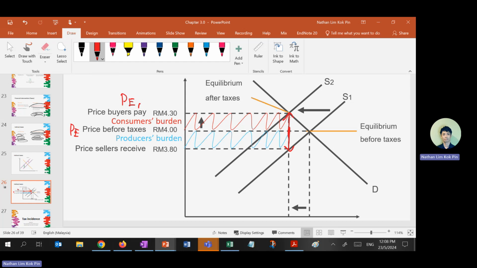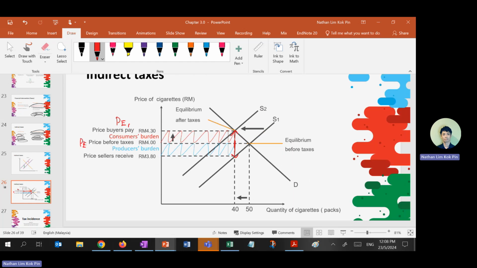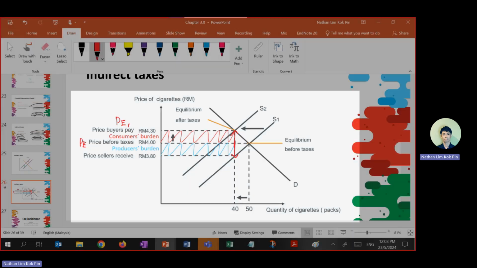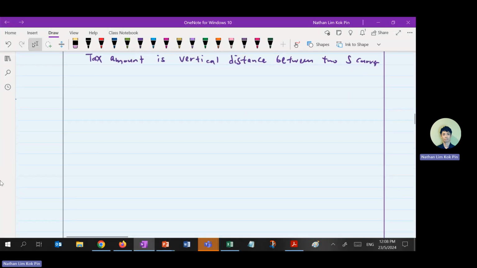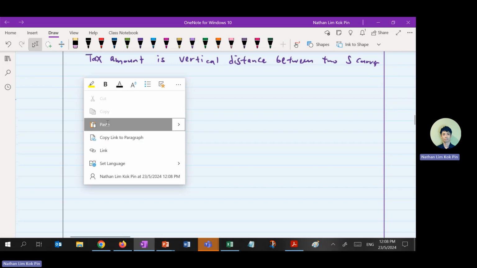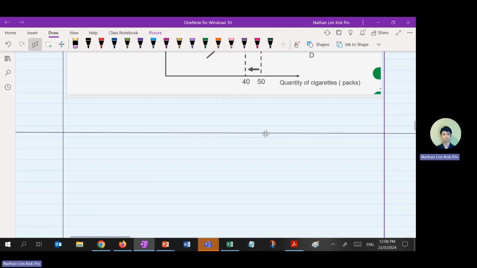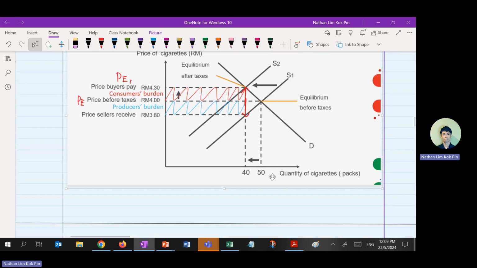Let me snip this. I put it in my whiteboard also for you. So now we already established the same thing. The tax amount is now equal to 50 cents because it equals 4 ringgit 30 cents minus 3 ringgit 80 cents.